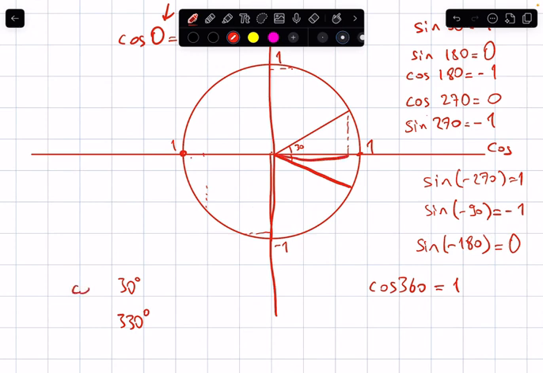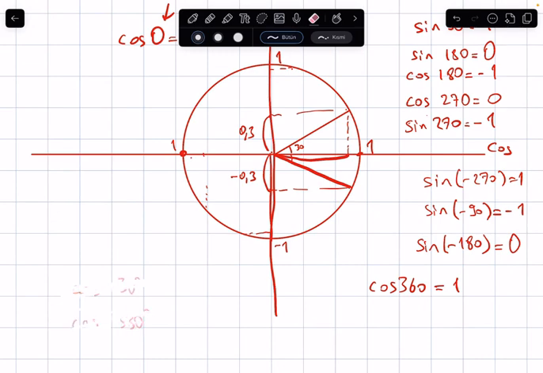That means cosine 30 is equal to cosine 330, because the distances are the same. How about their signs? The signs are different. In here it is positive, in here it is negative. Let's say maybe it is like 0.3 something, and this is negative 0.3. But at least the numbers are the same, while the signs, positive and negative, are different.